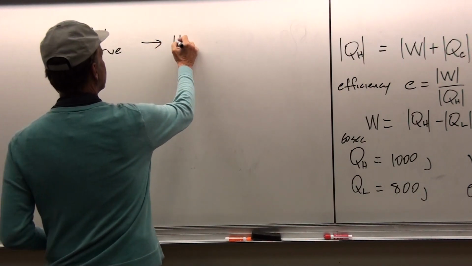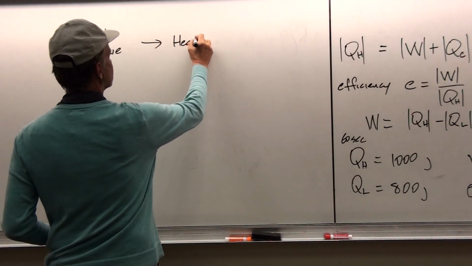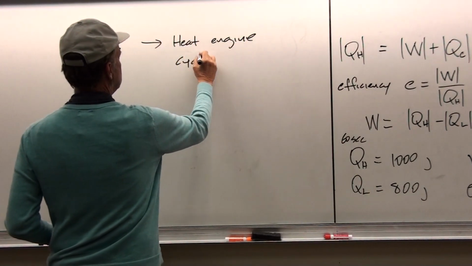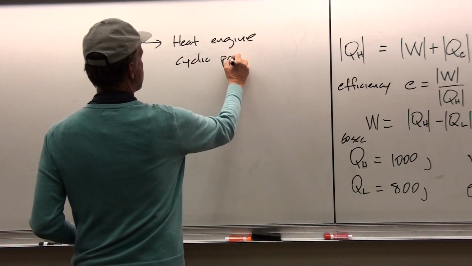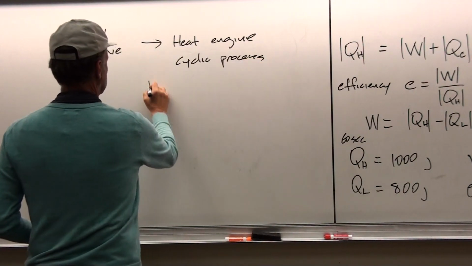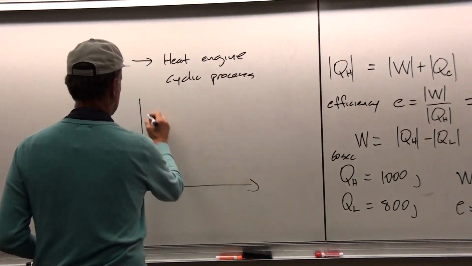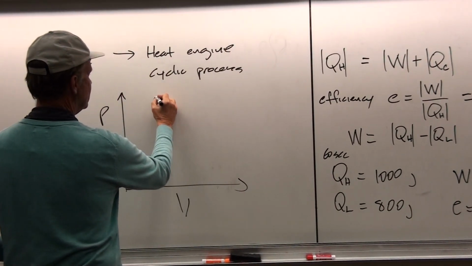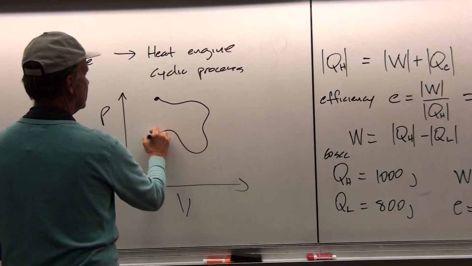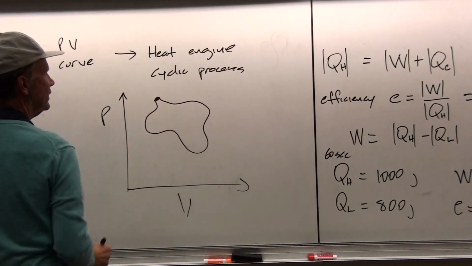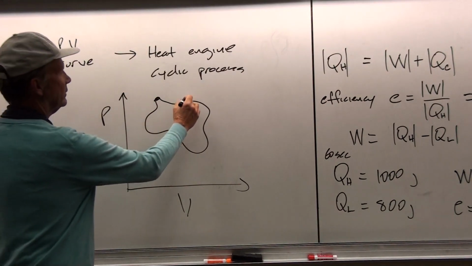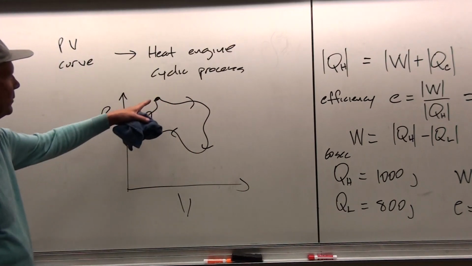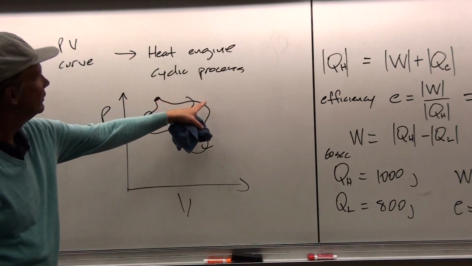Now, in a heat engine, this must be a cyclic process, because it's going to have to come back around to its original position again at the end. So you'd have some kind of a pressure volume curve. It might look like this. But then it would have to come back around and then repeat itself over and over again.